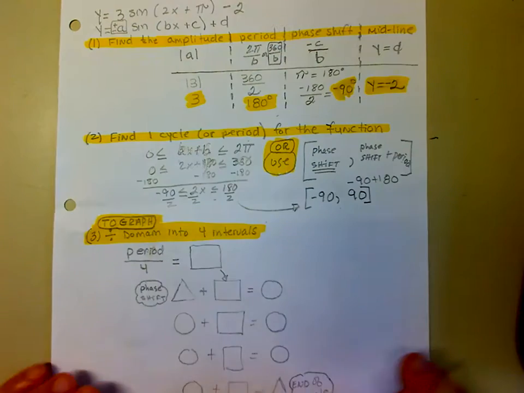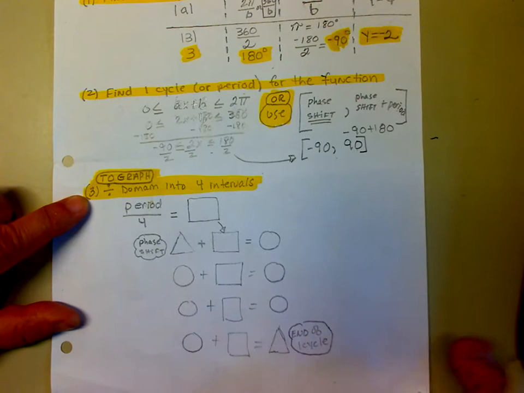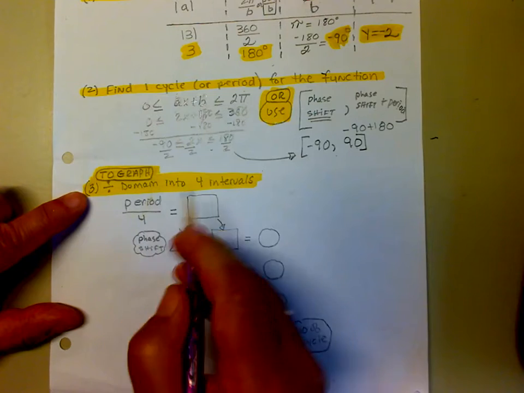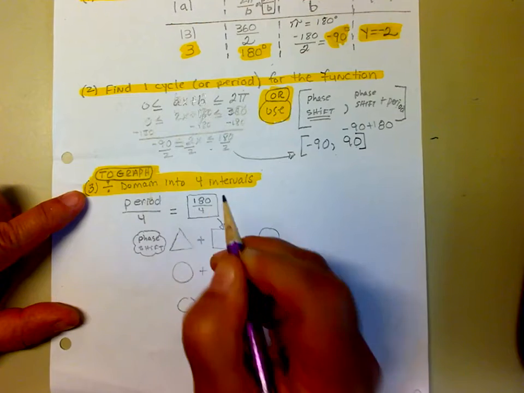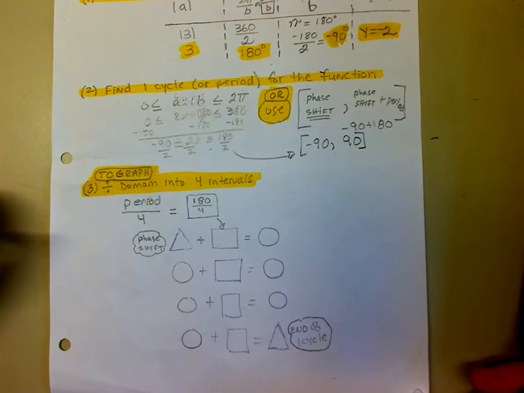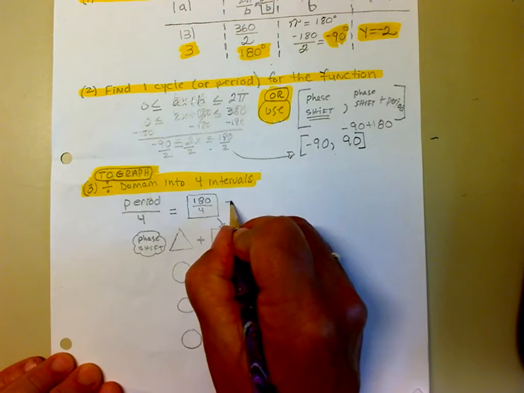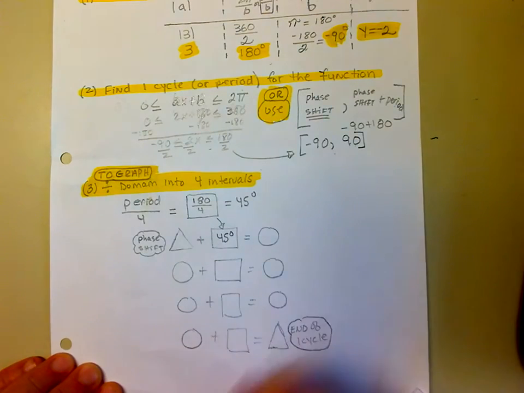Now, we'll take the domain and divide it into 4 equal parts. Again, this will all start to make sense when you see the actual graph. Take the period of the function, which is 180 degrees, and divide it into 4 equal intervals, because the sine function will have 4 equal parts in which we will graph the domain. So 180 divided by 4 is 45 degrees. So every 45 degrees, there will be a new interval.